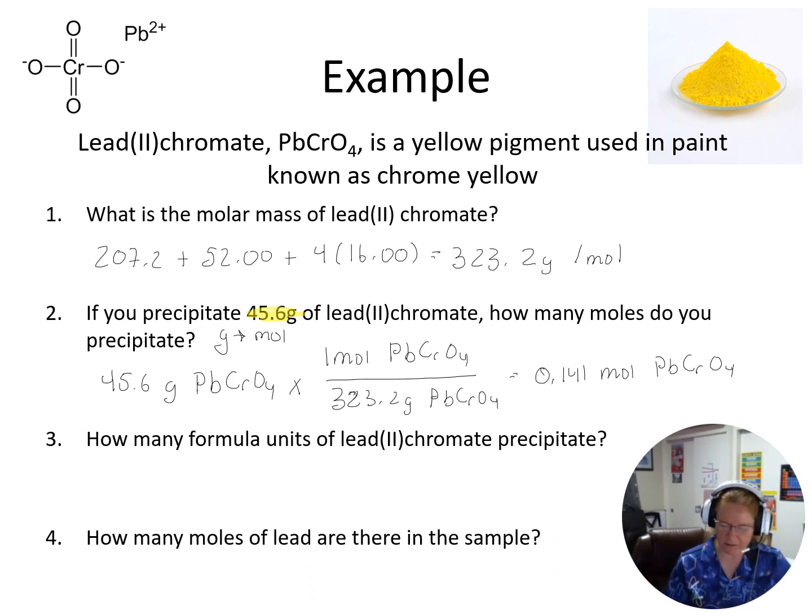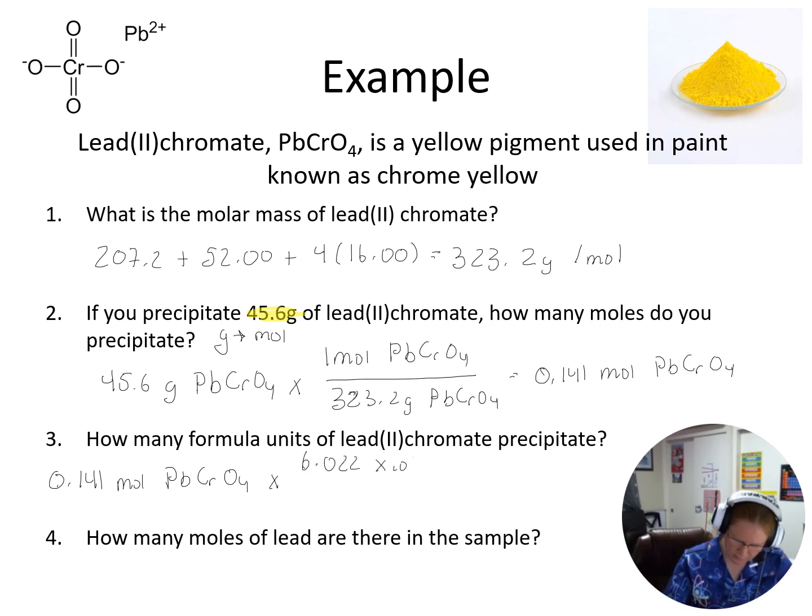So we just calculated that we had 0.141 moles, and we know we can go directly from moles to formula units with Avogadro's number. So I'm going to do my 0.141 moles times 6.022 times 10 to the 23rd units in 1 mole.